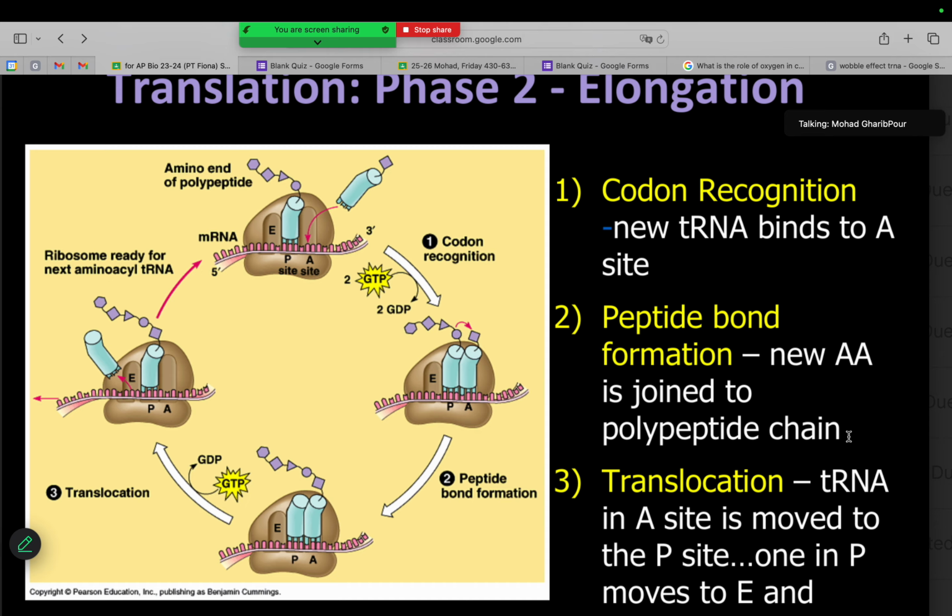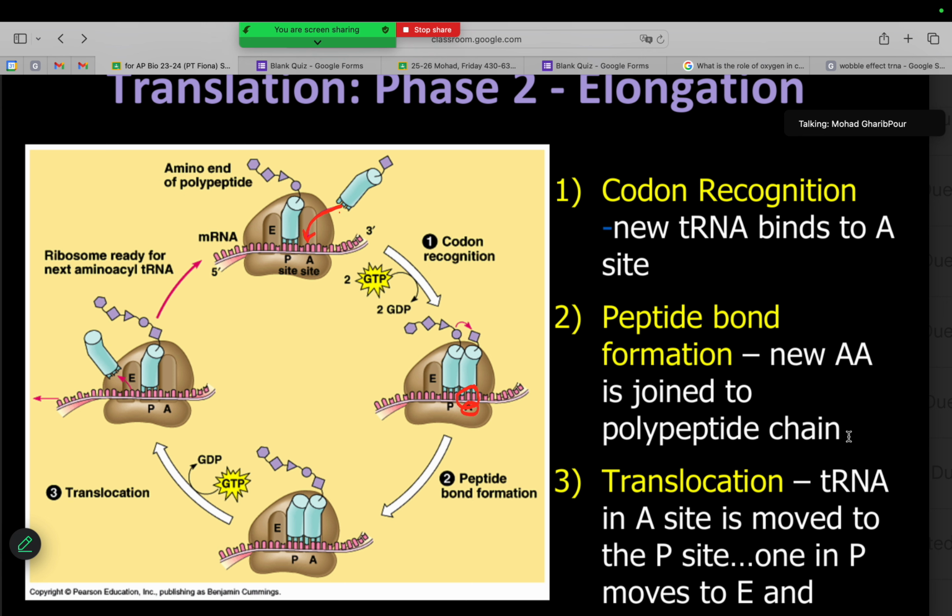Okay, so codon recognition. A new tRNA binds to the addition site over here. It is based on the next codon. So we have our methionine first, and then the next thing determines which tRNA comes in here and is able to bind.